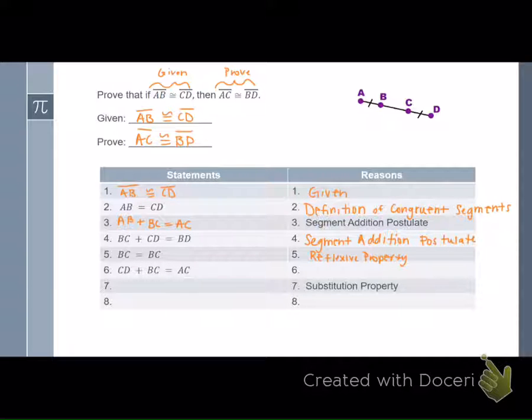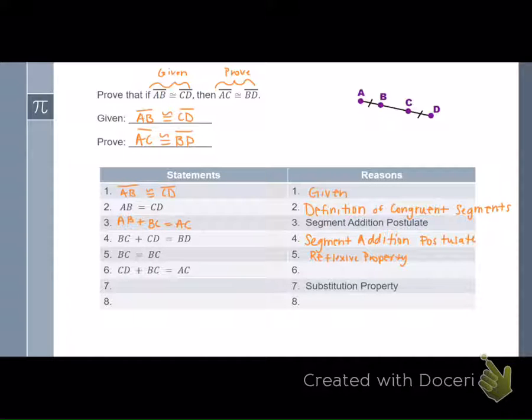What did they change from 3 to 6? They switched AB to CD. So this is the same and that's the same, but this is different here.